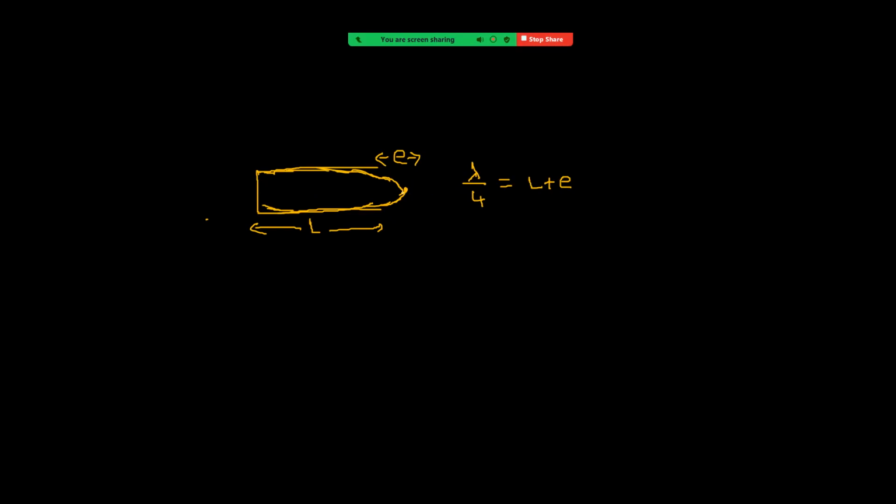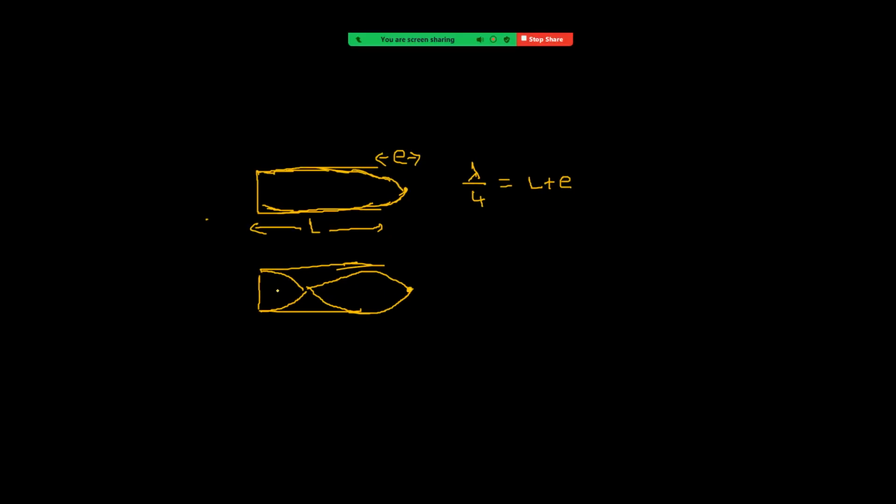Pressure antinode, pressure node. See, next possibility. Here we have one half loop, and this is one complete loop.